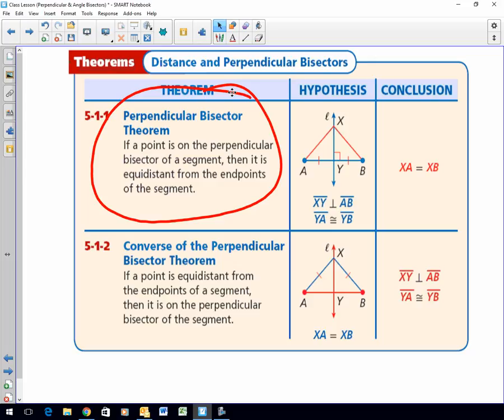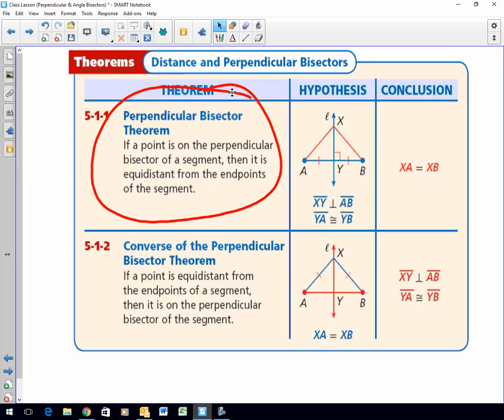Well, if it's the bisector, it means that A to Y is equidistant to B to Y, or it's congruent. And my theorem tells me that if XY is the perpendicular bisector of AB, then the distance from X to A is congruent to the distance X to B. The converse down here that I didn't make you write down is true as well.